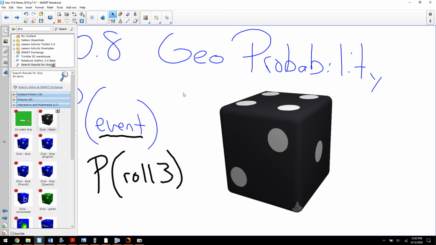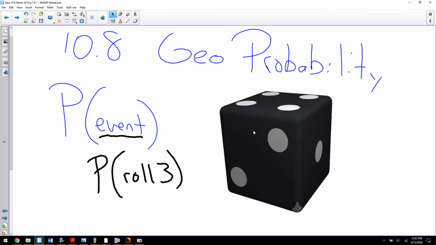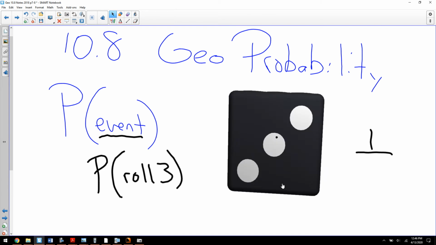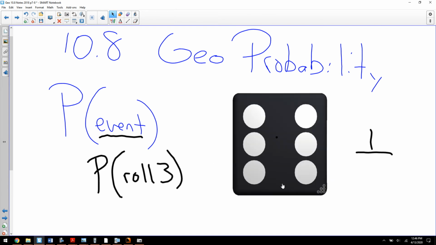What I want to think of is the probability that I can roll a 3 on this die is, well, how many possible ways can you roll a 3? There's only one way you can get a 3. You just get a 3. And then you divide that by the total possible outcomes. Well, on a die, there are 6 sides, so the probability that we can get a 3 is 1 out of 6.